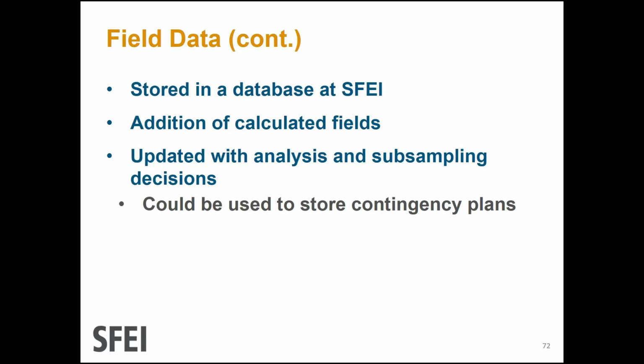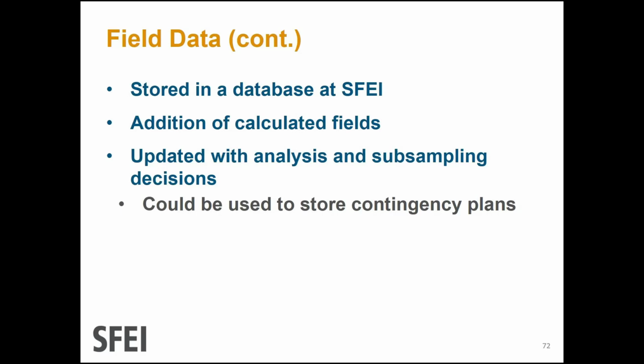It provides us an opportunity to add calculated fields, such as days of the week or metadata about different station codes. It also provides an opportunity to record information about the subsampling decisions that are made, things like broken bottles, or limitations on time and funding.